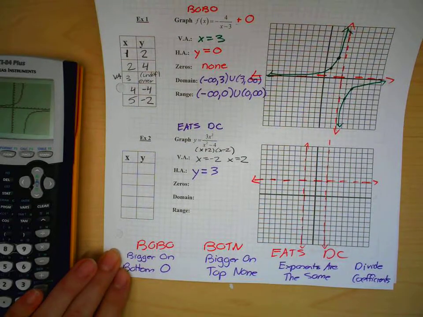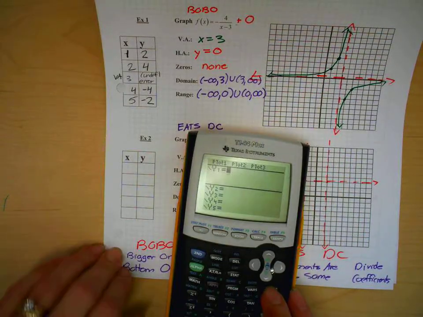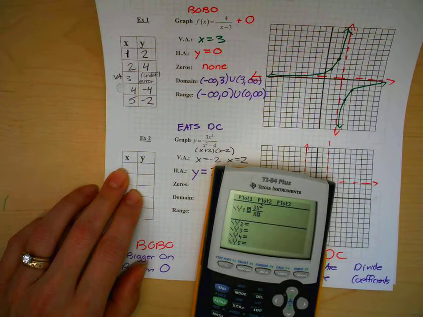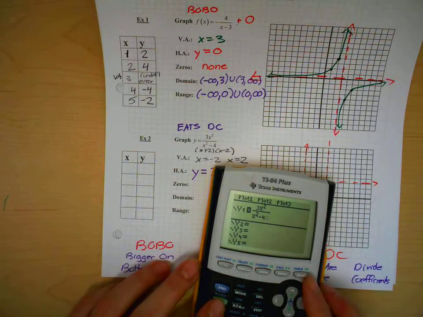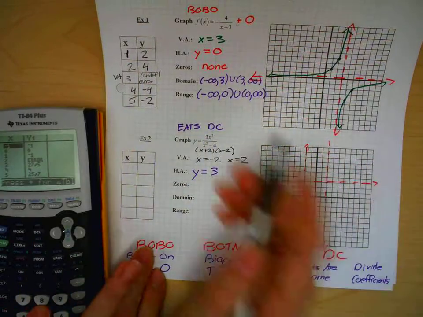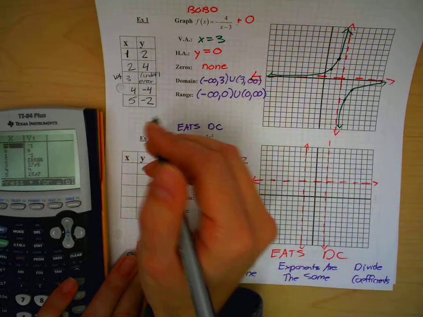So y equals 3x squared over x squared minus 4. All right. So again, we want 2 above and 2 below. You can put more than 2, but at least 2 above and at least 2 below.